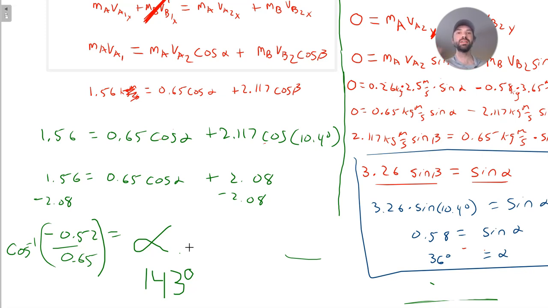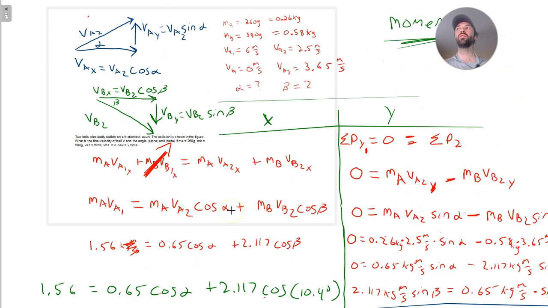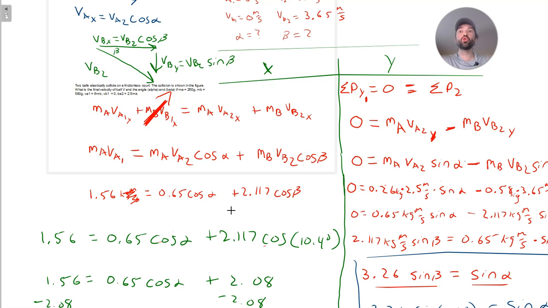But remember, based on the quadrant that you're in, if you're in the first quadrant or the second quadrant, sine is going to be positive no matter what. But cosine changes from positive to negative. And the reality of what happened in this situation is mass A hit mass B. Mass A bounced backwards, and so it needed to have a negative velocity in order for the momentums to come out equal.